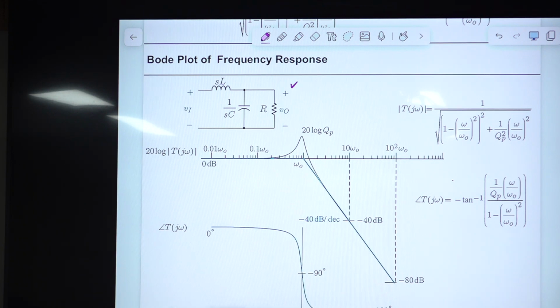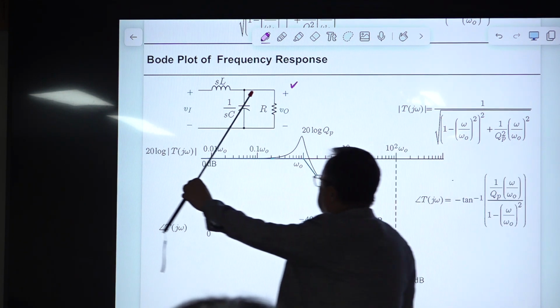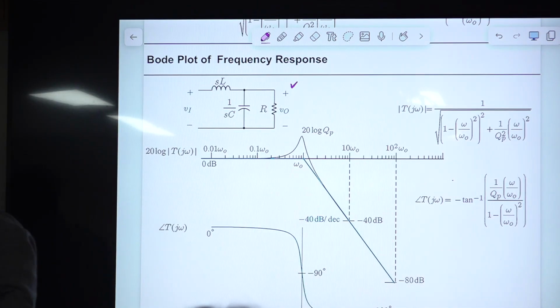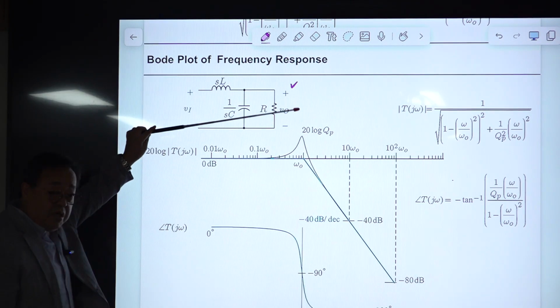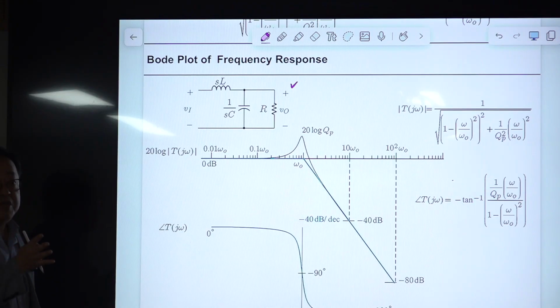What we are trying to do is, first we understand this, and we try to understand the implication and the limitation of this Bode plot frequency analysis applied to PWM converters. But there is a good relationship between the response of a linear time invariant system and the response of PWM converters. We understand that, and later we study the modeling of PWM converters. Then the story will go much smoother and much faster.